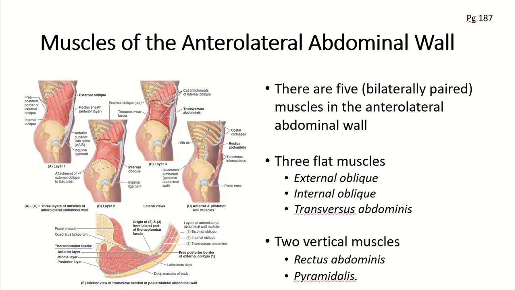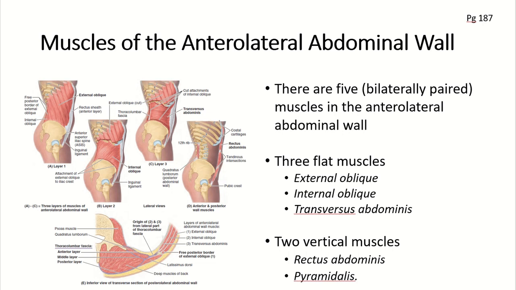First, what you should be doing is looking to find the external oblique, which is up here in subset A. Look at its attachment here, right on the crest of the ilium. And you can see them attaching at the midpoint of our lower ribs. In contrast, if you look at the internal oblique, where do you think that is?